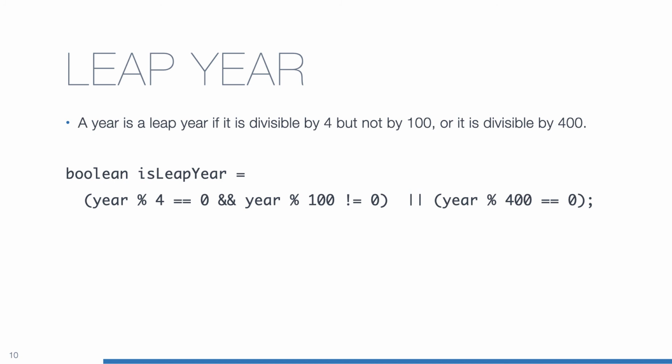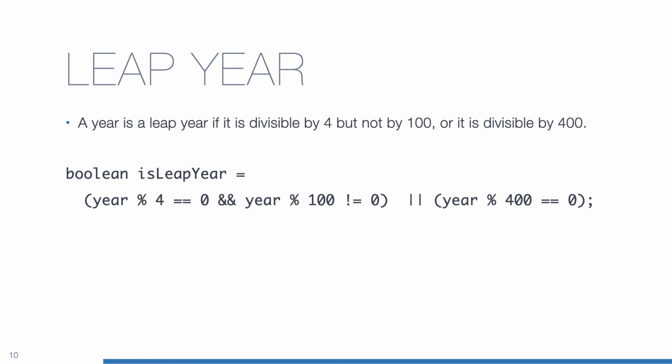Now, the rule for figuring out whether something is a leap year is that the year is divisible by 4. That's the one that everybody's used to. However, there's a couple of exceptions. The first exception is that if it's divisible by 4, but not divisible by 100. However, it can be divisible by 100 if it is divisible by 400.